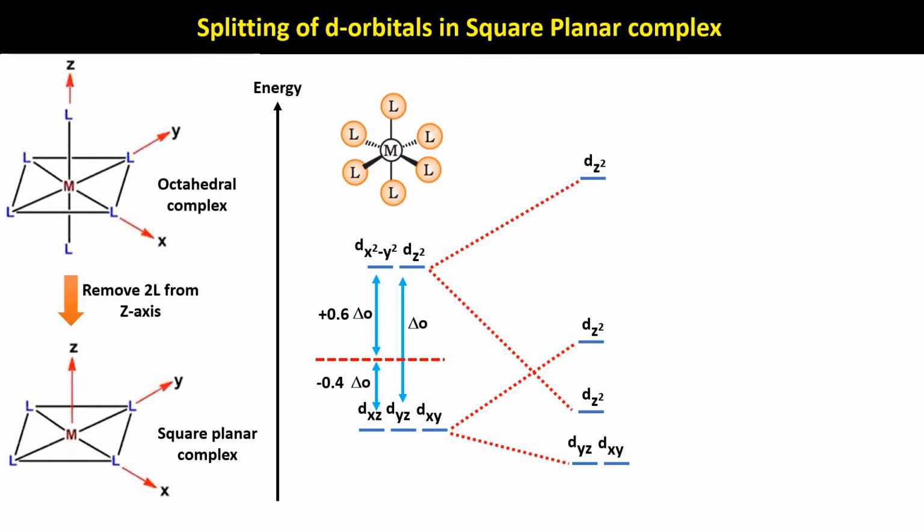The energy of dx square minus y square, dxy, dz square, and dxz and dyz respectively are 1.23 delta O, 0.23 delta O, minus 0.43 delta O, and minus 0.51 delta O. The difference between the energy of dx square minus y square and the xy orbital is equal to delta O.